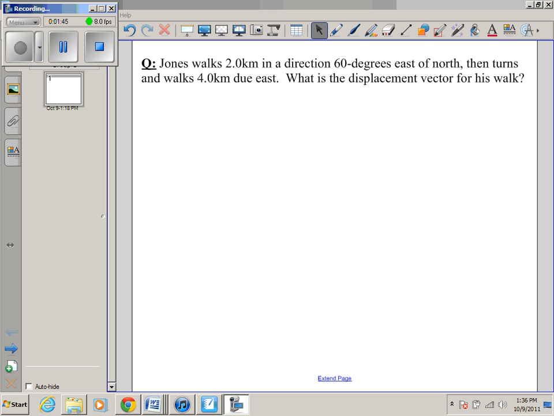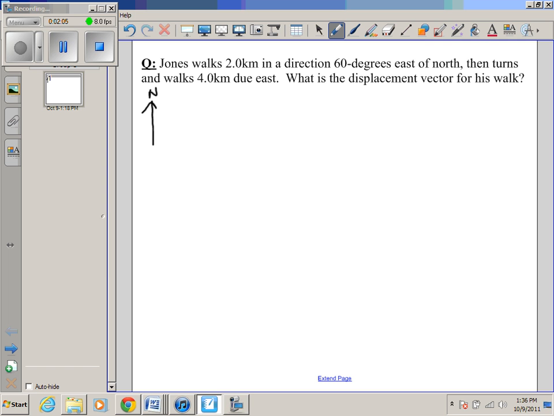First of all, let's make sure that we can decode what this question is asking. So we've got Jones. Initially, he walks 2 kilometers in a direction 60 degrees east of north. Well, I'm going to call north up. Makes sense. When I think about the compass, I think of north as up.